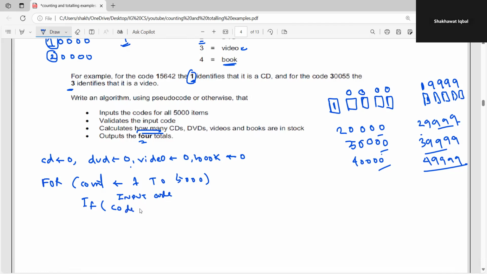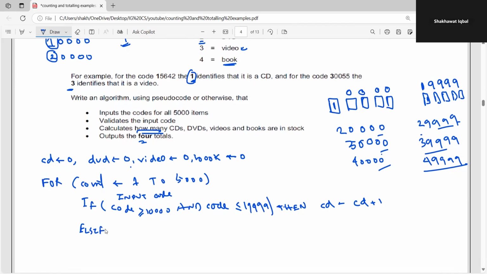If my code is greater than or equals to 10,000 and code is less than or equals to 19,999, then CD equals CD plus 1.